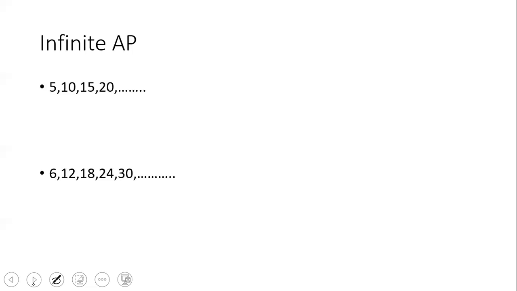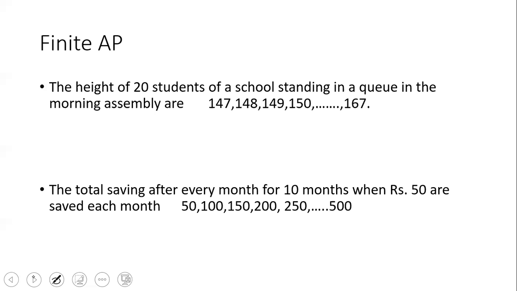But the finite arithmetic progression has limited terms. Like the heights of 20 students in a school standing in a queue in the morning assembly. So there are only 20 people. It starts from 147 centimeters, 148 centimeters, 149 centimeters. So it's 20 members, and the last term will be 167.